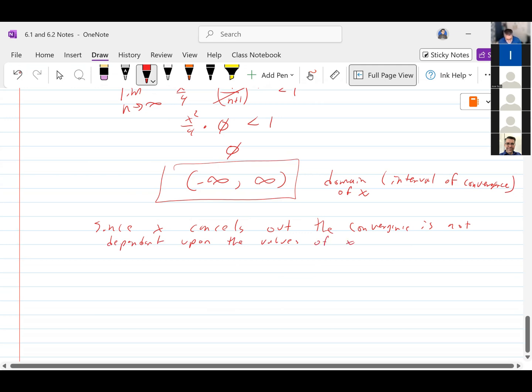So this converges for all x. That is, the domain is negative infinity to infinity.